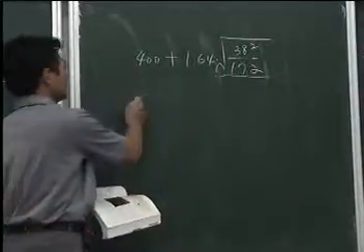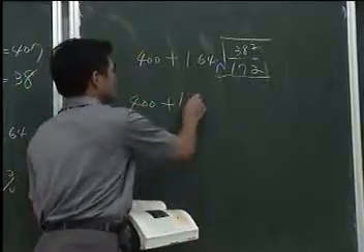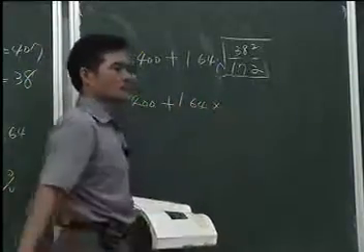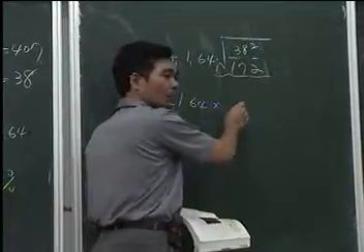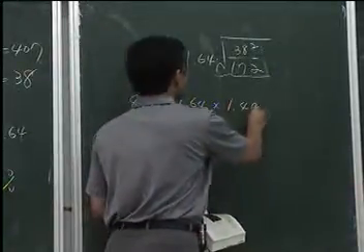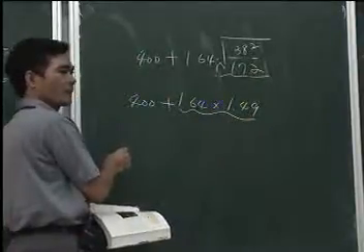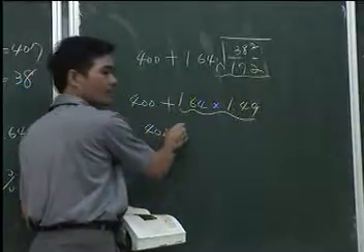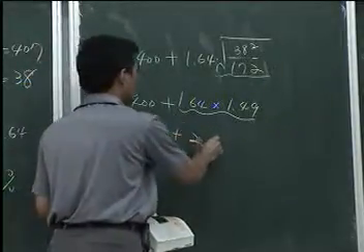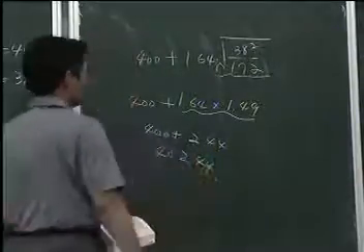What is that number there? 1.49? 1.49. And what about this number? $2.44. Okay, so that's 402.44.